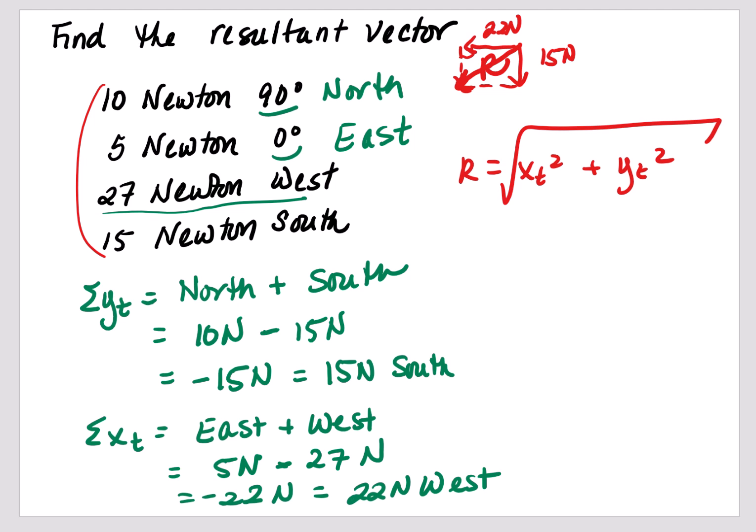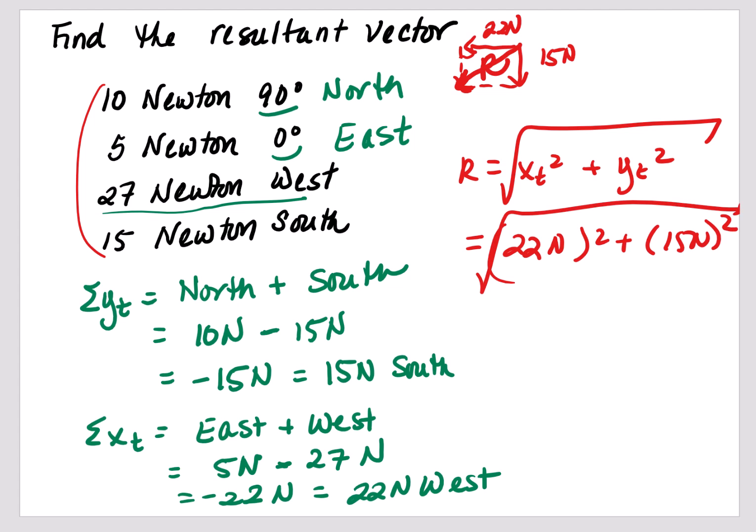So 22 newtons squared plus 15 newtons squared. Take the square root. This becomes 26.6 newtons. Now this is my magnitude. Now I need to find my direction.